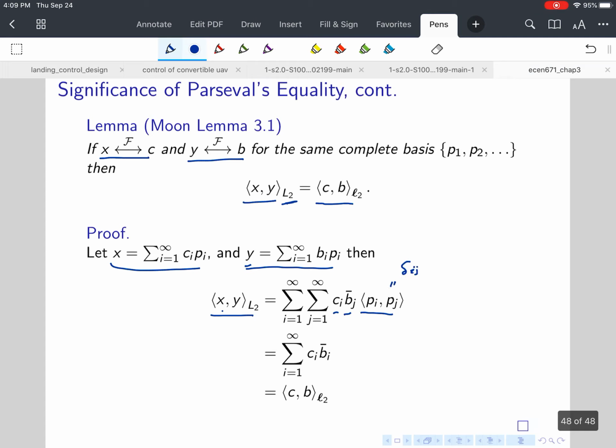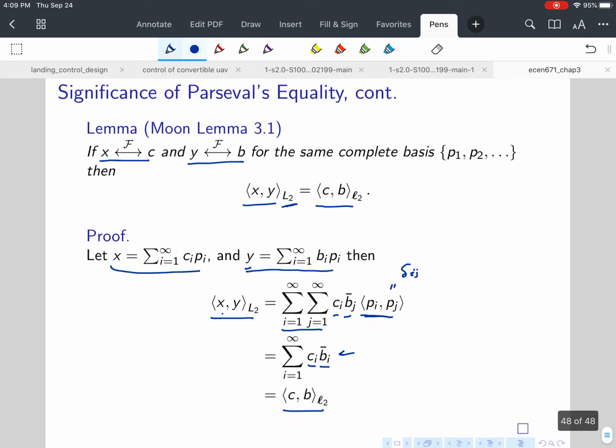So it's only 1 if pi is equal to pj, and in that case, this double sum collapses to a single sum, and so we have ci and bi complex conjugate, and of course, when pi is equal to pj, the inner product is just 1. And then we notice, what is this sum? ci and bi complex conjugate, that's just the little L2 inner product. So there is the proof that inner products of functions can be written as the inner product of the Fourier coefficients.